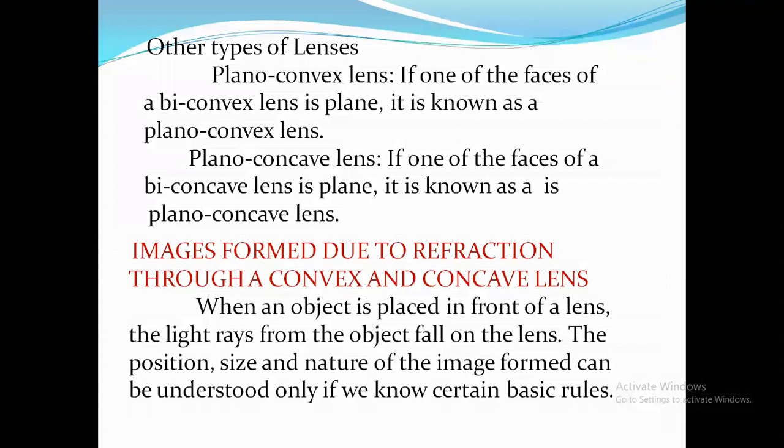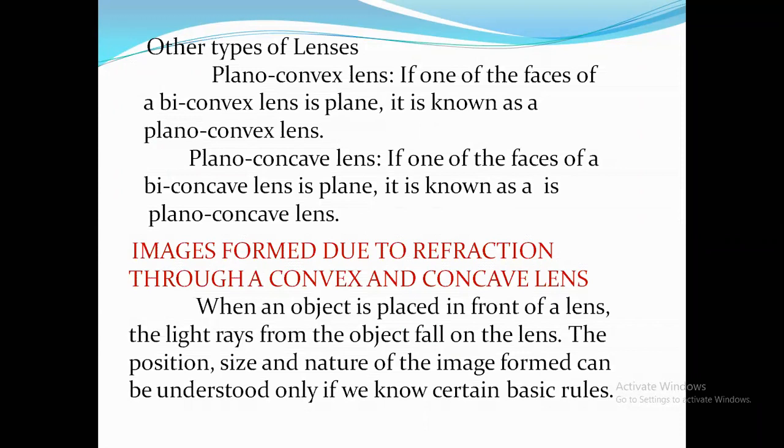Next, what are the other types of lenses? We just saw them in the picture. If one face of the lens is plane and the other is spherical, that is known as a plano-convex lens.